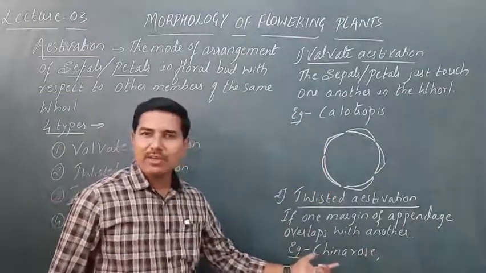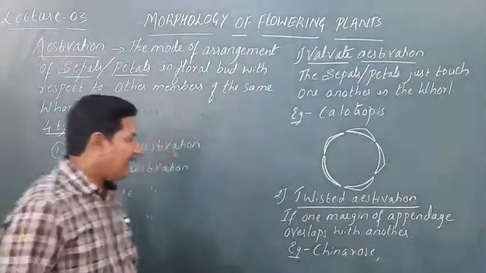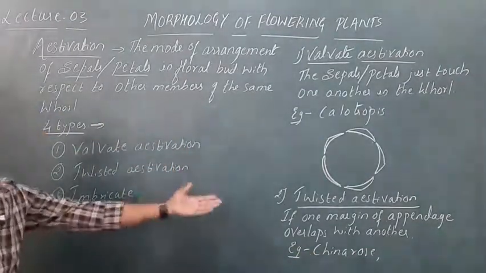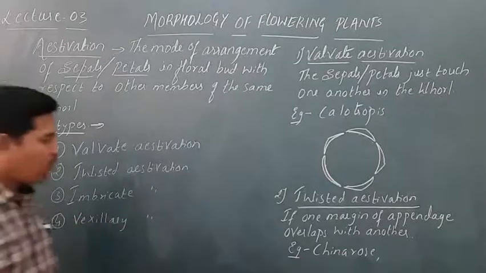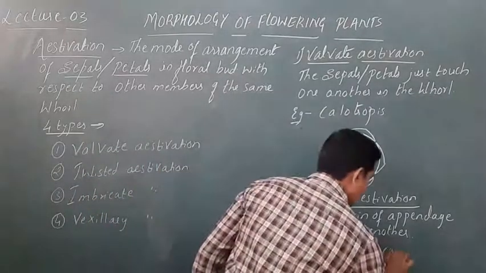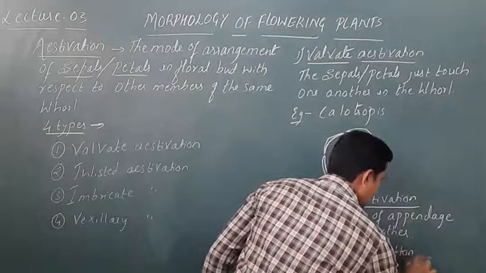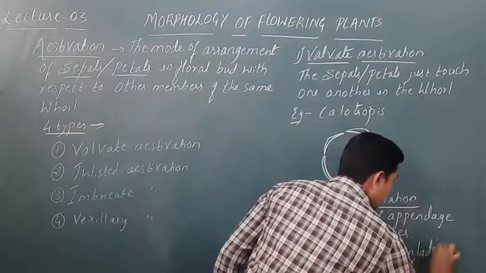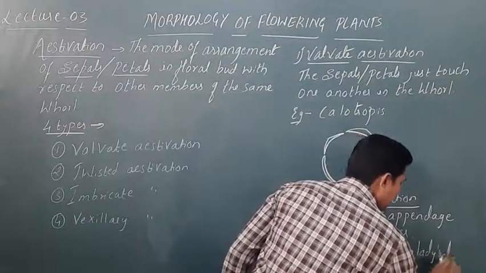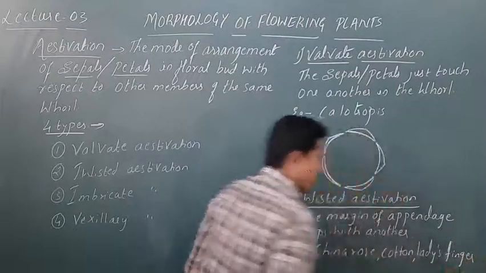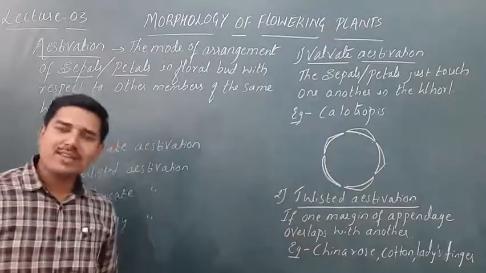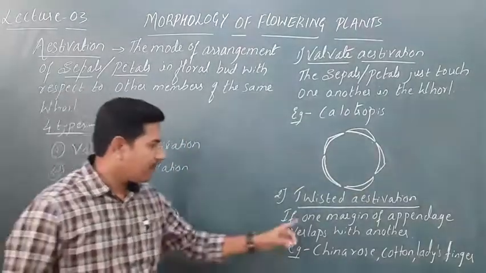Along with the China rose, we can quote other examples also: cotton, lady's finger. In these plants we see the twisted type of aestivation.